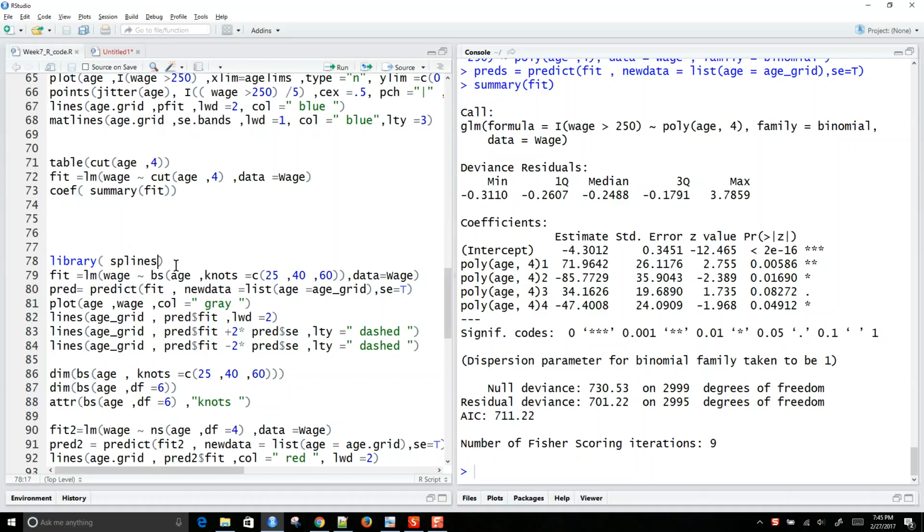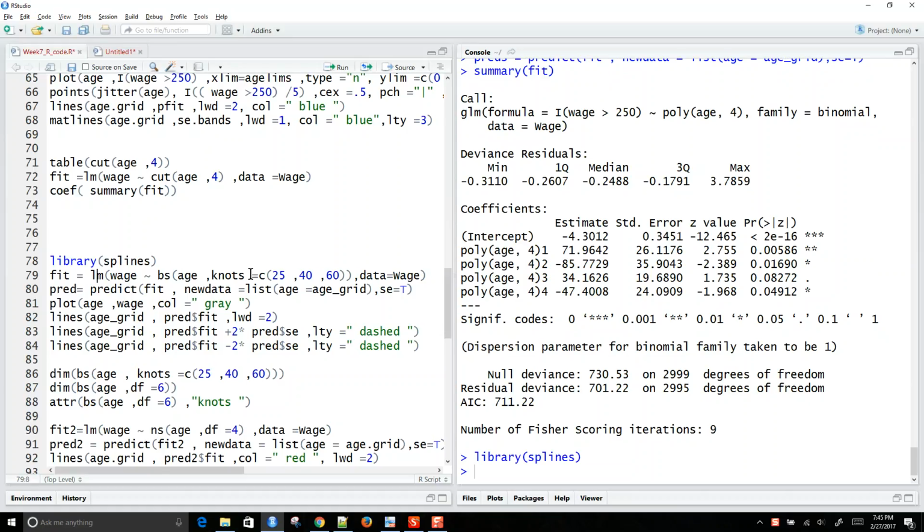And we use the function BS for basis splines. That's exactly what it stands for. We're going to make basis splines for the variable age, and we're going to create knots at 25, 40, and 60.